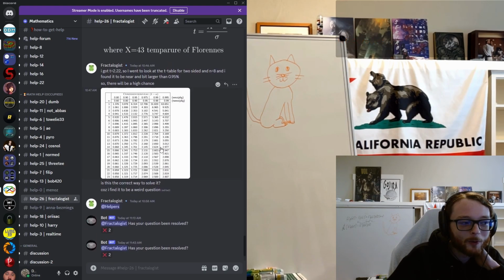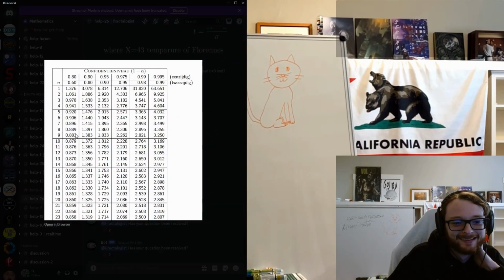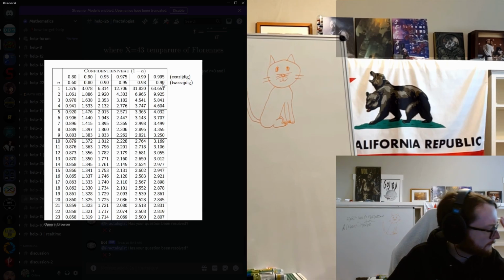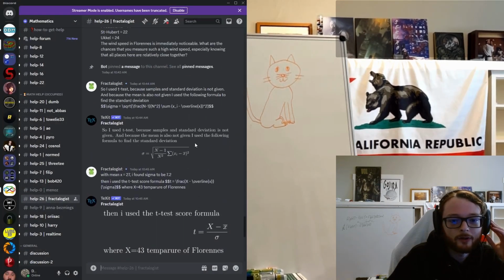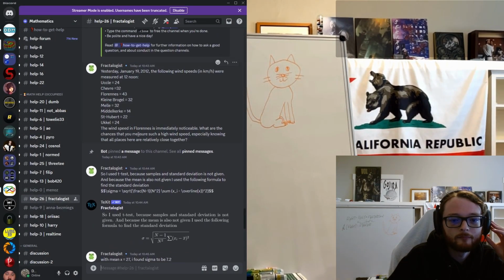You seek the grail of programming servers. Oh, I don't know about that. Oh shoot, how do you interpret the top rows? This is like one-tailed and two-tailed. And the initial question was, you measure such a high wind speed.